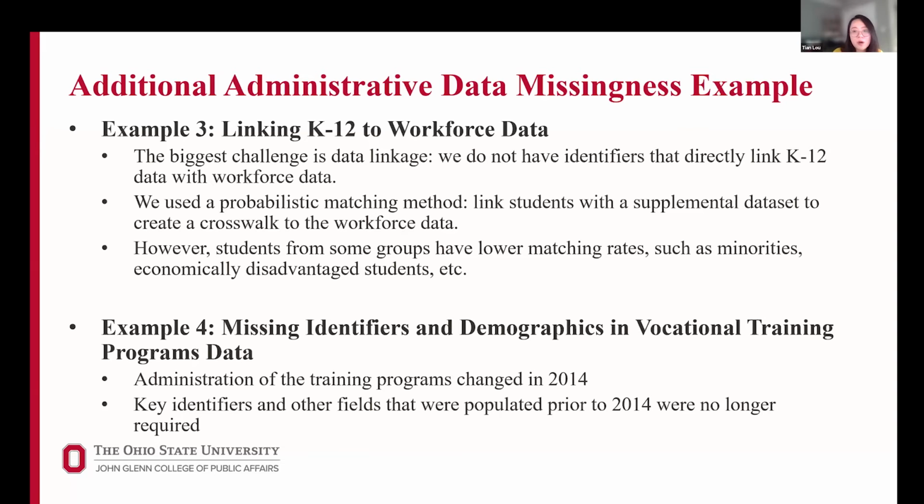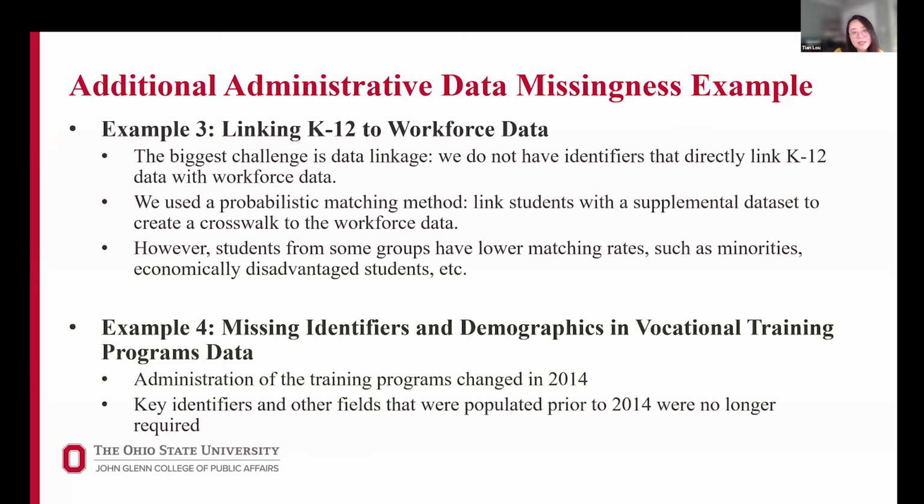And we just have to always keep in mind that even with supplemental data, there are still additional missingness issues. So for example, we do observe that students from some groups have lower matching rates, such as some minority groups or the economically disadvantaged groups.